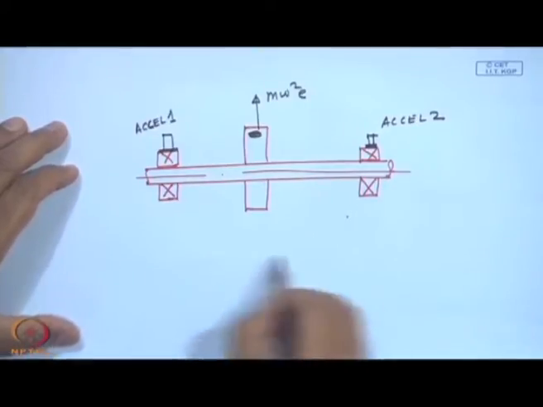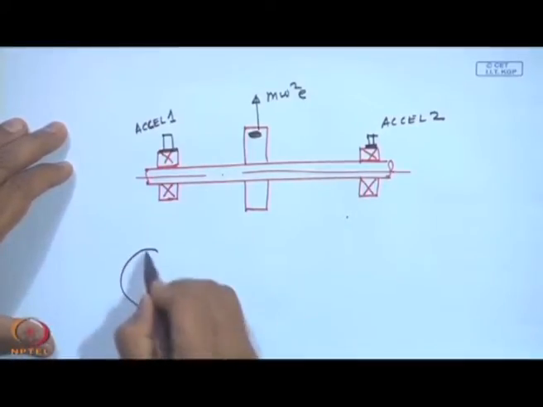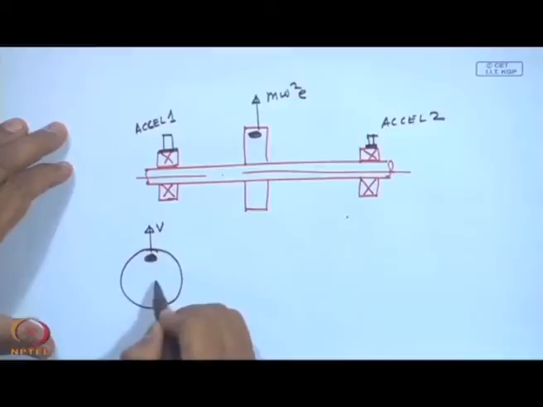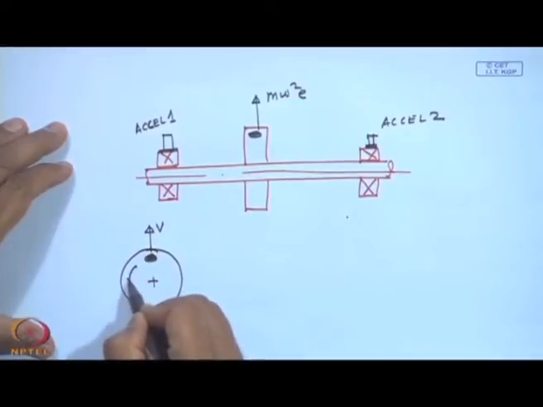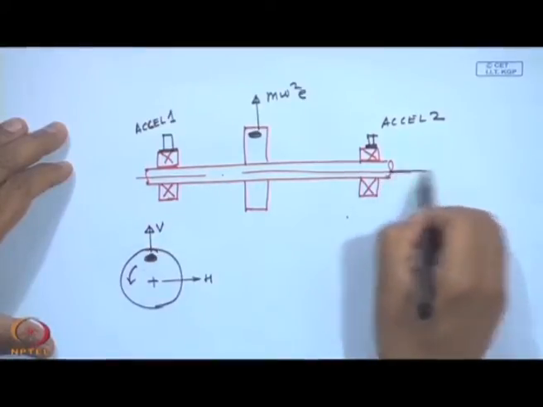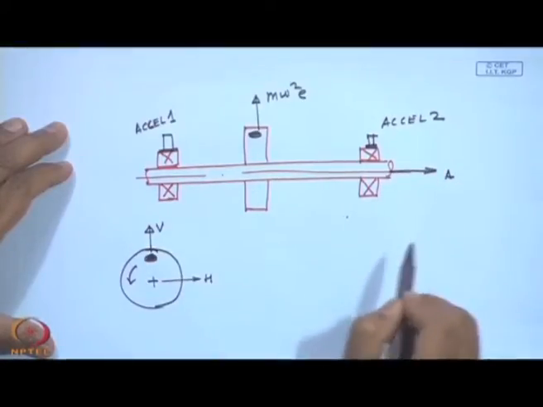Now, if you look in from the side, the rotor will look something like this. This is my vertical direction, this is my horizontal direction, and of course, this is my axial direction. Okay.